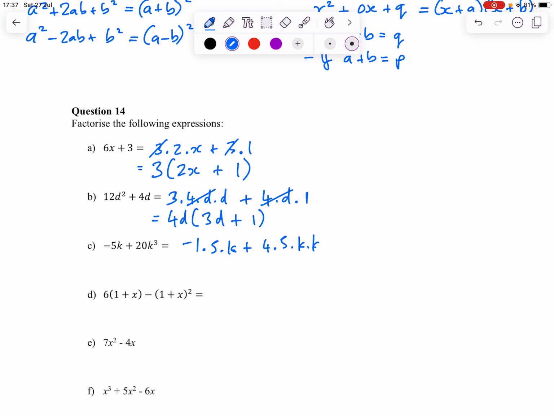It's k cubed, so k, and k. It's the biggest chunk that appears in all of this. 5k, so that goes on the outside of a set of brackets. What's left over? The negative 1 and the 4k, so 4k squared.